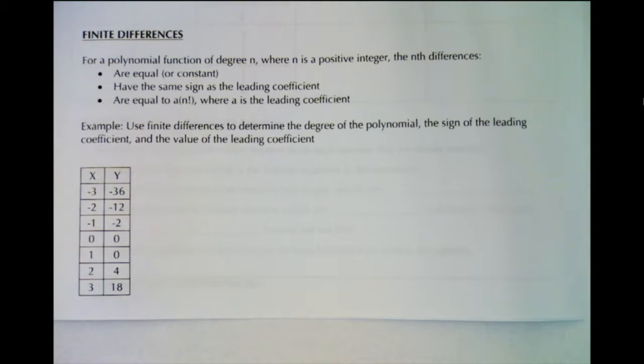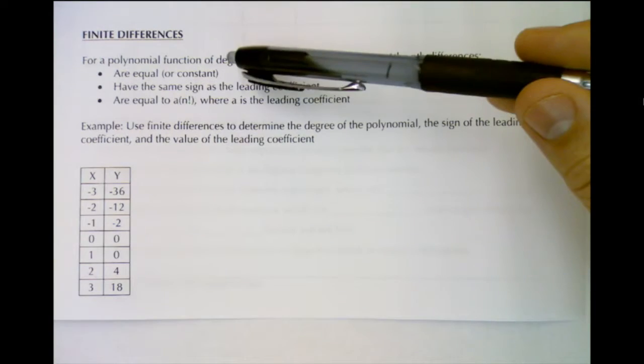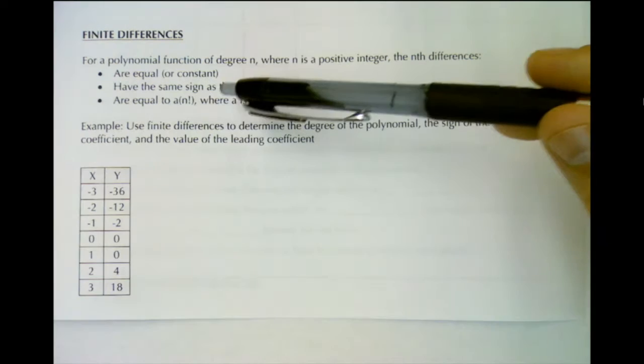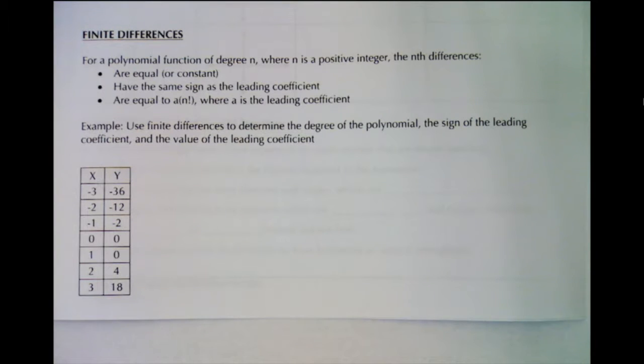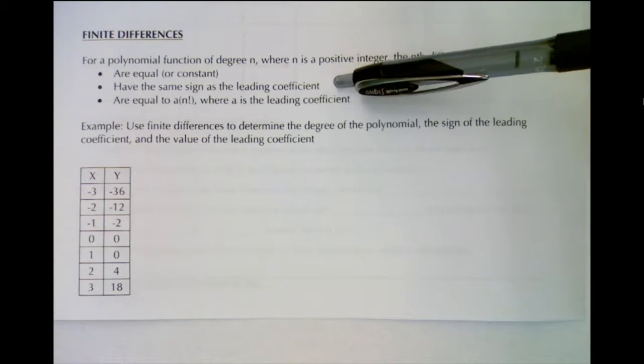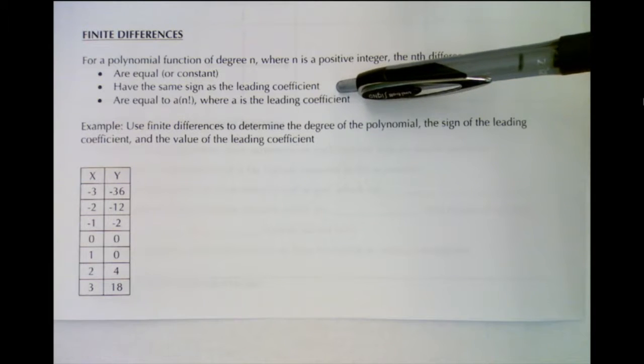What else is significant about those differences is that once you find the difference that's constant, that number represents a few things. First, it tells you which degree the function is. For example, if the fourth difference is constant, then we'd have a degree 4 polynomial. But that constant number also will have the same sign as the leading coefficient in the polynomial function.